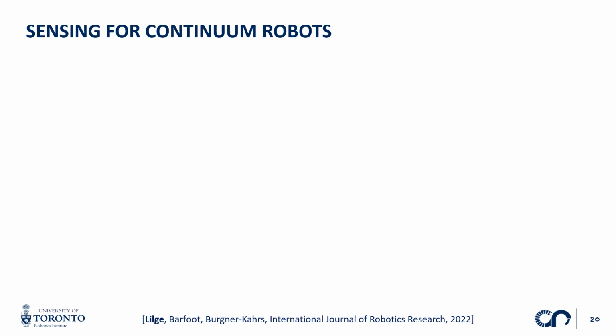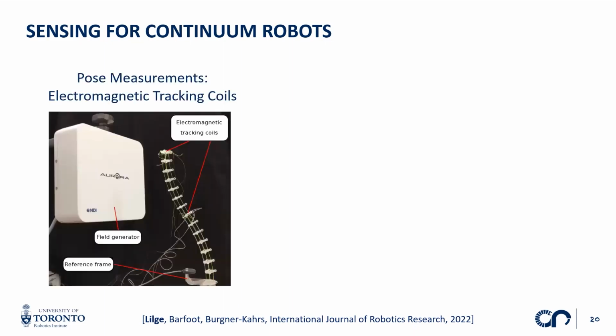So I somehow need to get sensors inside of the continuum robot. Because of their small size, this can be very challenging, and I'm quite limited in terms of the options that I have. But there are some options out there, and I will talk about two that we considered specifically. The first one is using electromagnetic tracking coils to measure discrete poses of the continuum robot along its length.